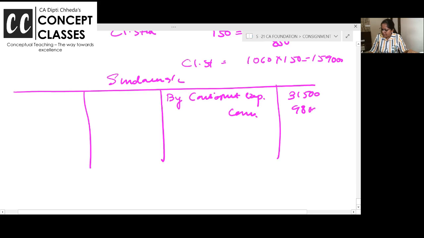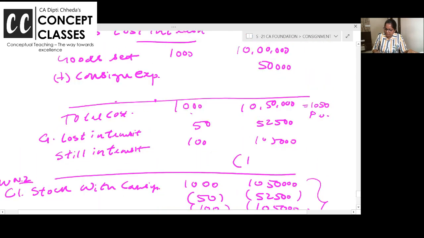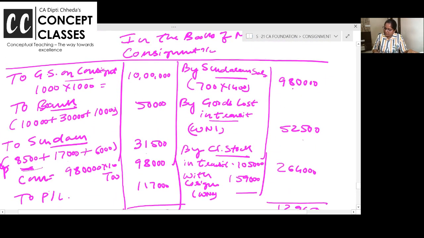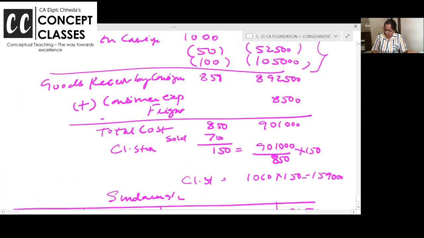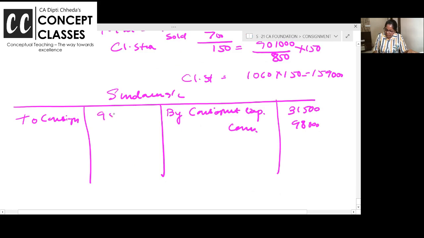31,500, 98,000, this side. To consignment sales 9,80,000. Done, I told you it would take 2 minutes. 980 goods Sundaram has sold. Against that, expenses and commission we have to reimburse.